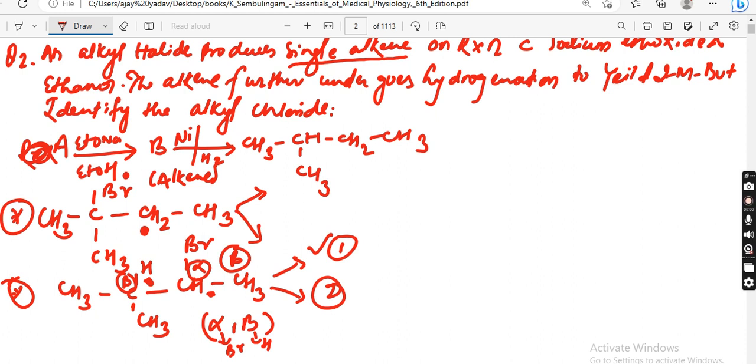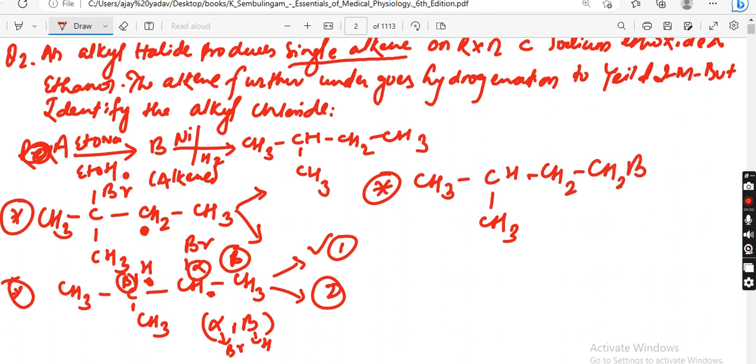So two products are possible from here, right? Now let us come to the third option, that is C. This is CH3, CH, CH2, CH2, Br. This is the alpha carbon, and there is only one beta carbon. So only one product will be formed from here. So probably this will be your compound, and it is said chloride, so in place of bromine let us put chlorine.